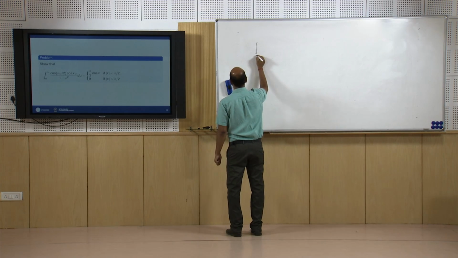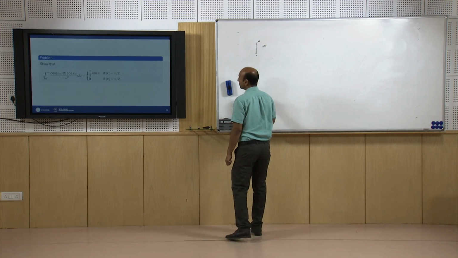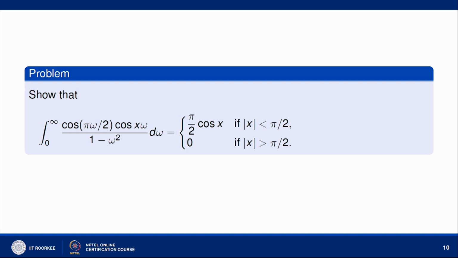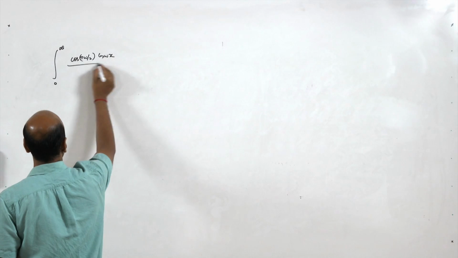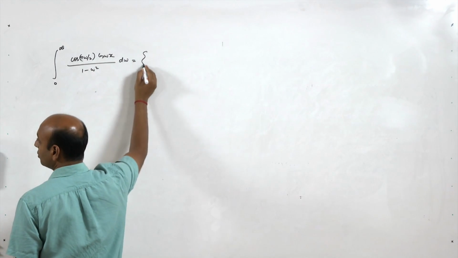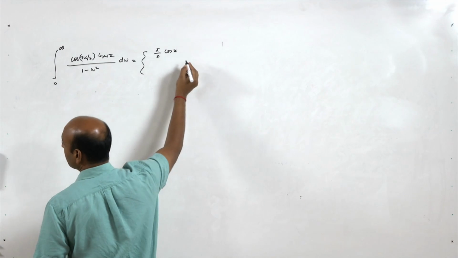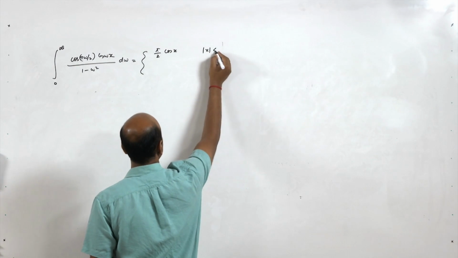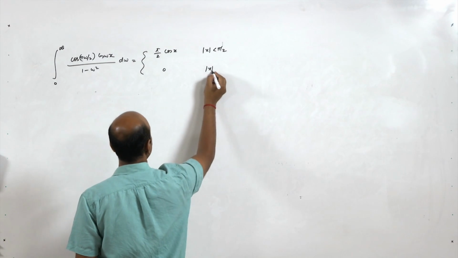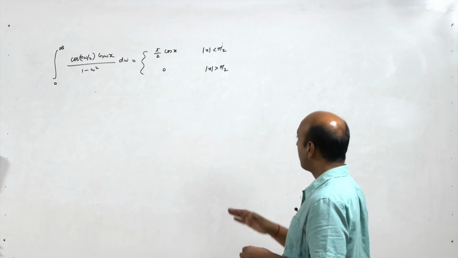It is the integral from 0 to infinity of cos pi omega by 2 into cos omega x upon 1 minus omega square d omega, which is equal to, it is given to you, pi by 2 cos x when mod x is less than pi by 2 and 0 when mod x is greater. So we have to prove this.